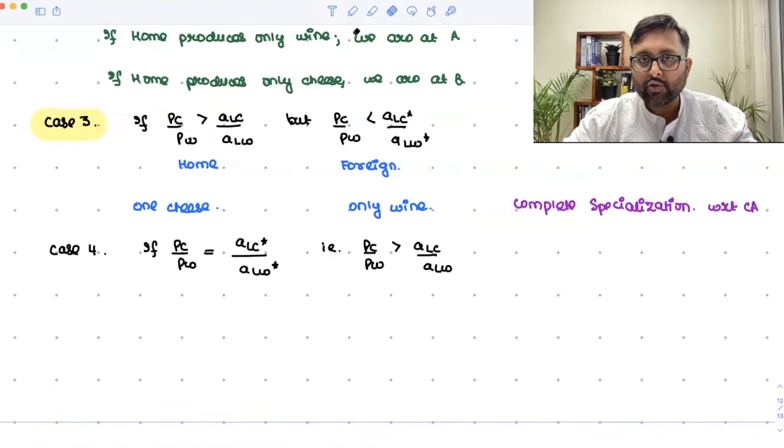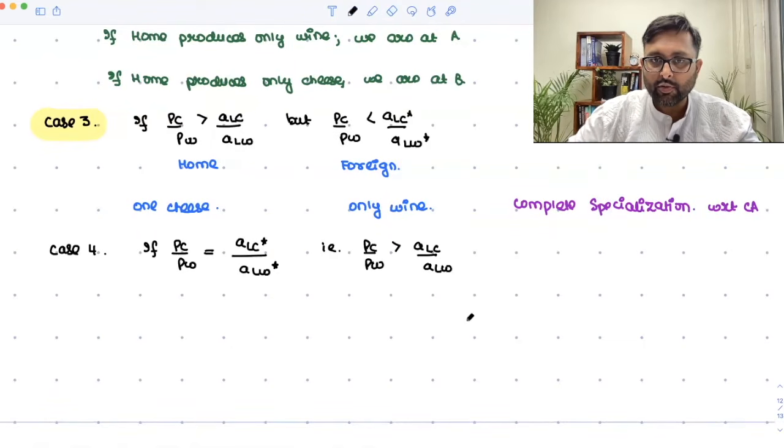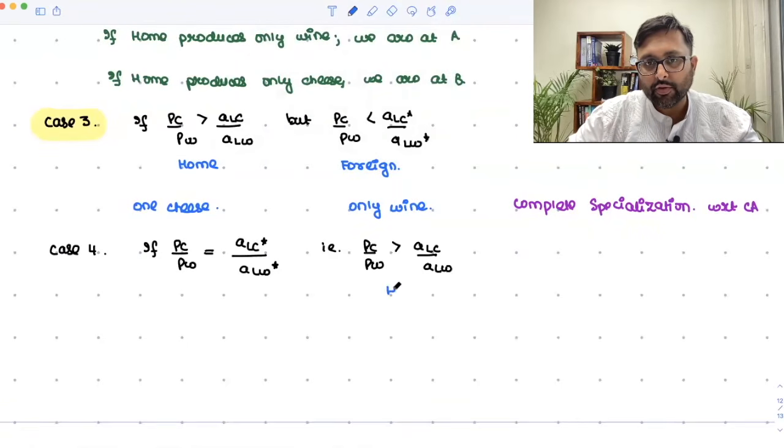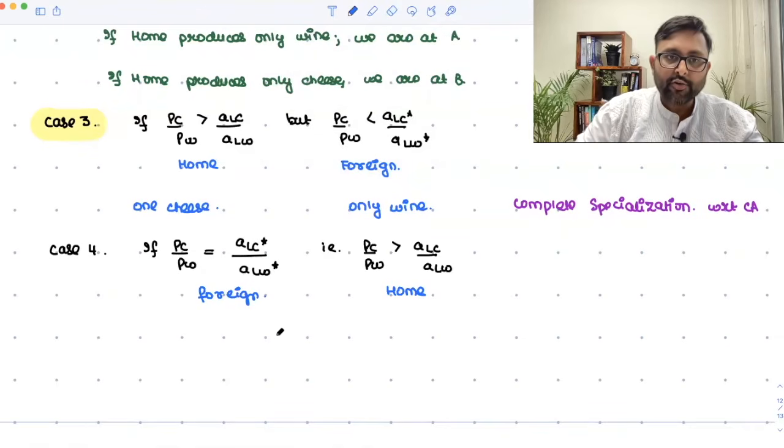It's going to be greater than ALC by ALW. So what is going to happen in the foreign country and what is going to happen in the home country? So foreign country is indifferent between producing wine and cheese now.